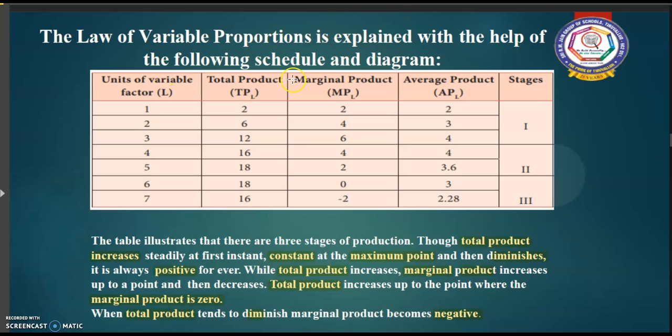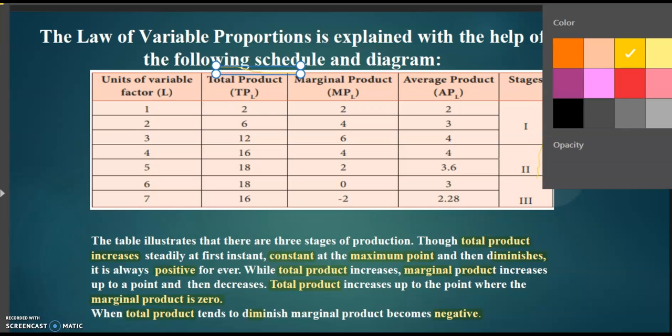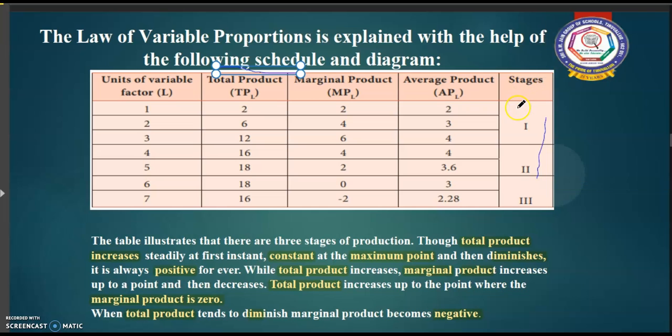Now the law of variable proportions is explained with the help of the following schedule and diagram. First we will discuss about this schedule. Here it is divided into 3 stages of production, that is stage 1, stage 2 and stage 3.